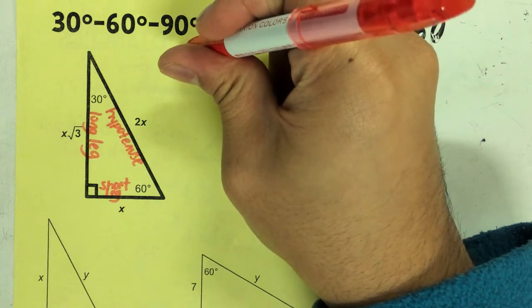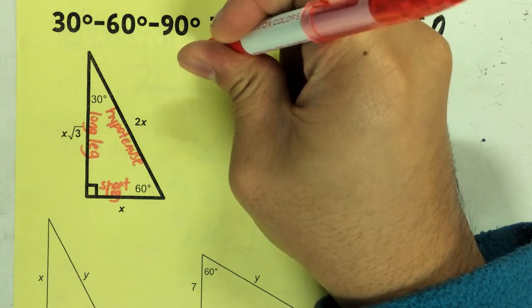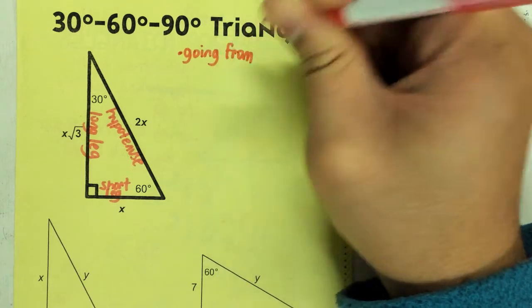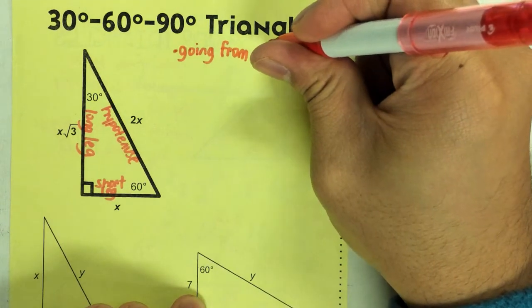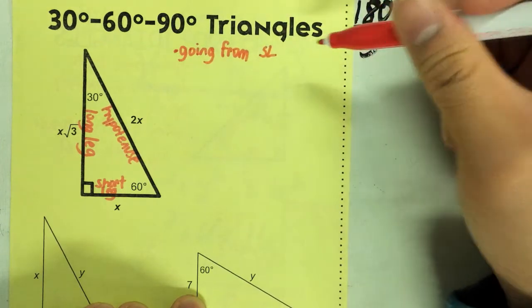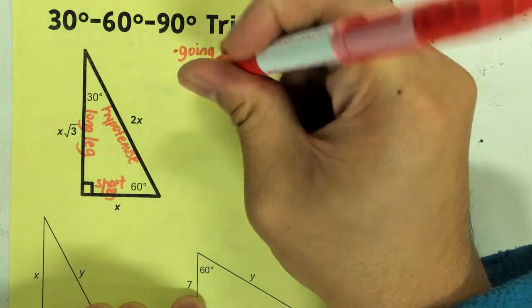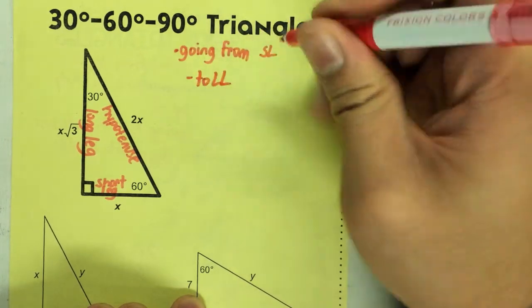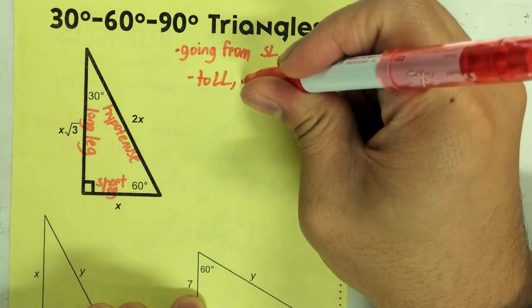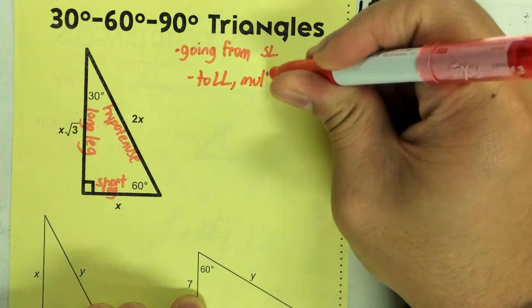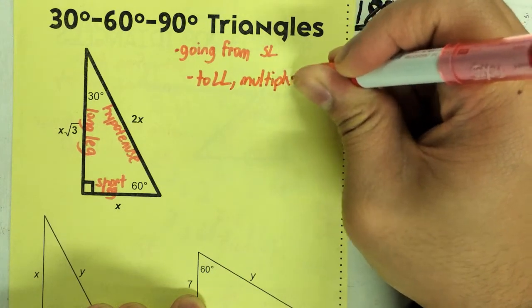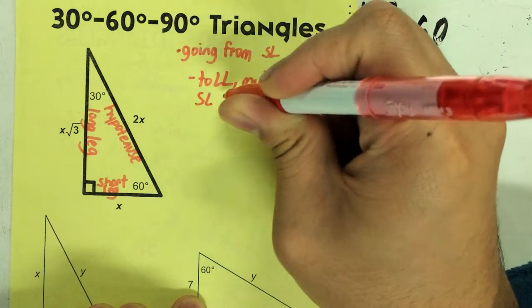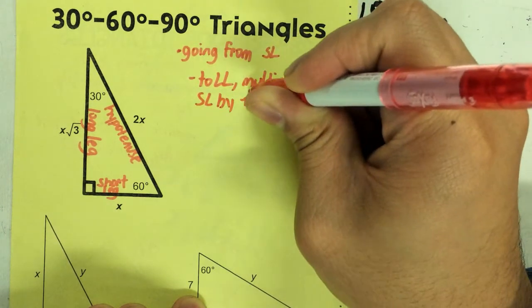So first up, and I'll use abbreviations here, SL, short leg, going from short leg to long leg, we multiply short leg by square root 3.